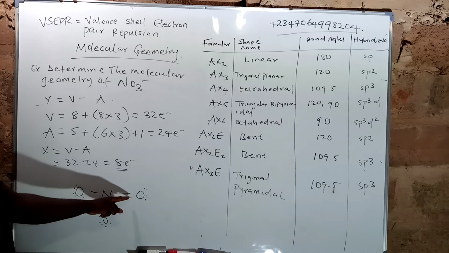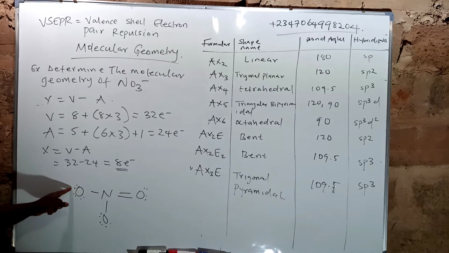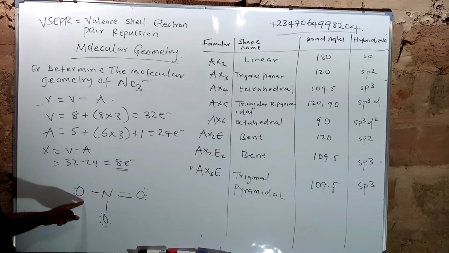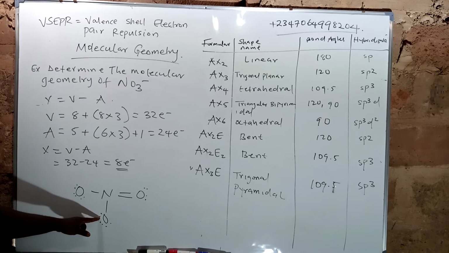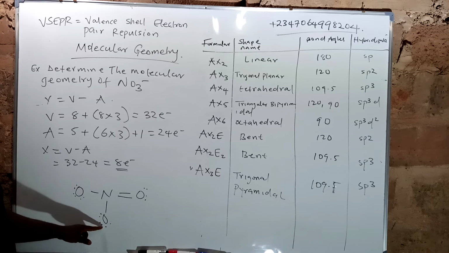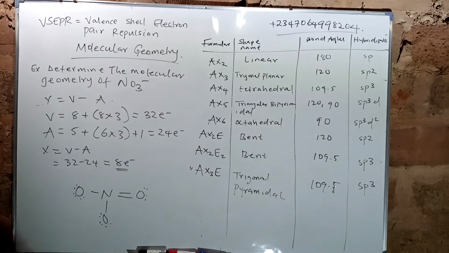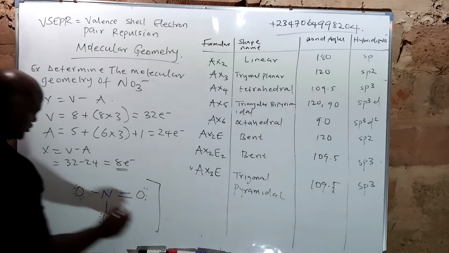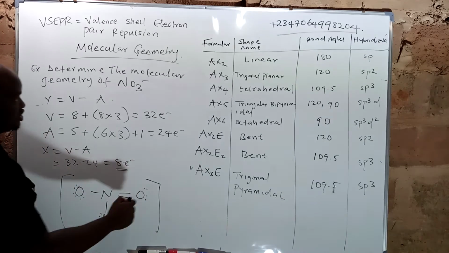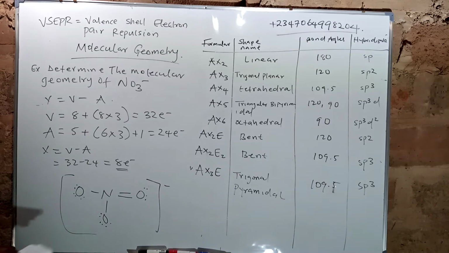So here we have 8, 10, 12, 14, 16, 17, 18, 19, 20, 21, 22, 23, 24. And so that means this structure is legit. So please, I'm just trying to waste time to refresh your memory on that legit structure.